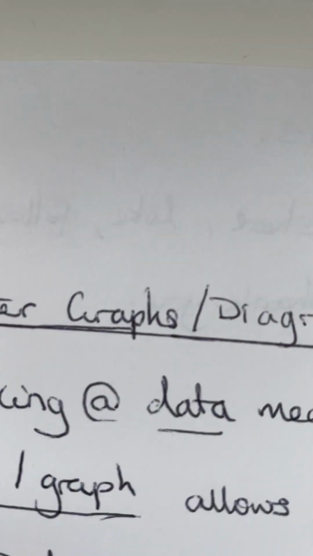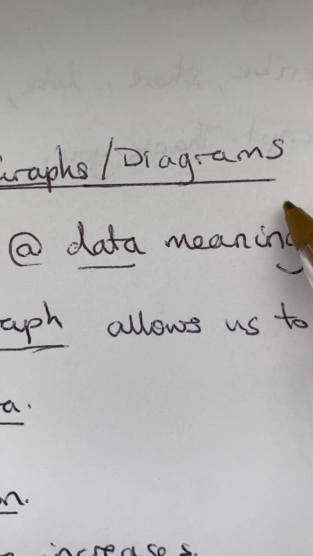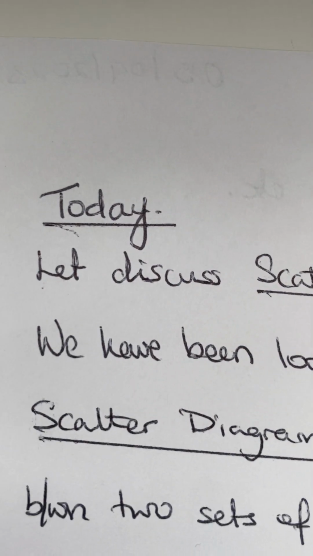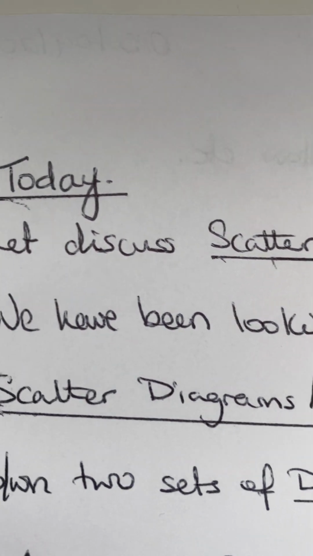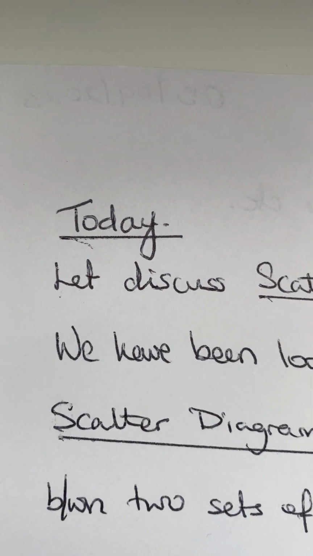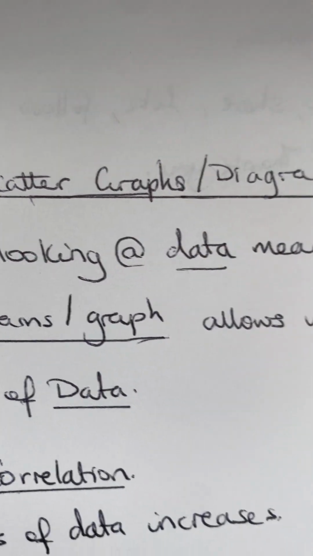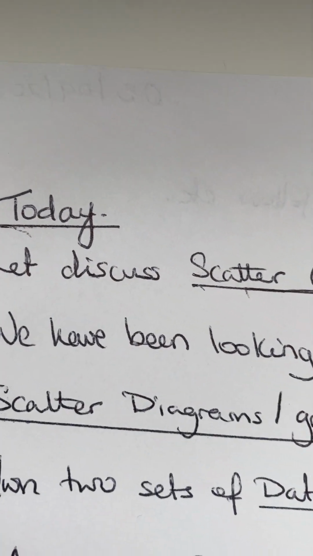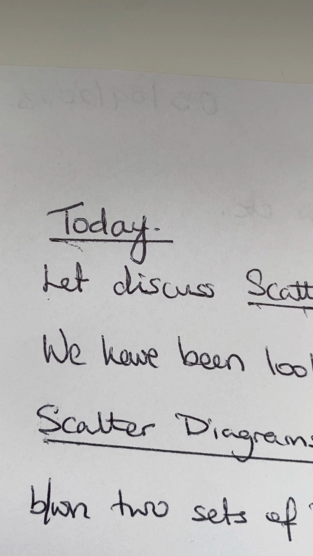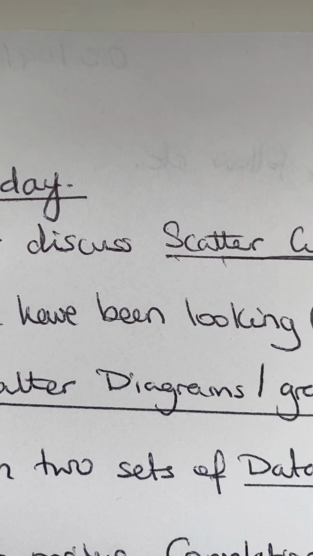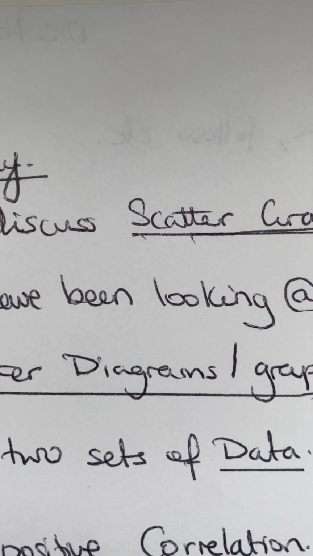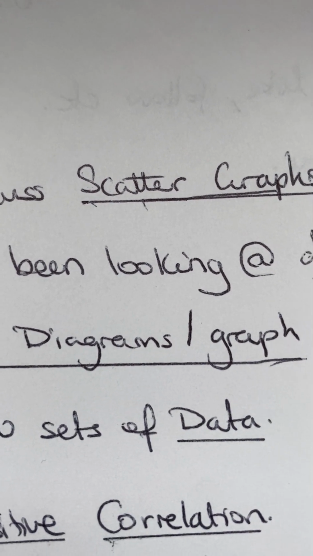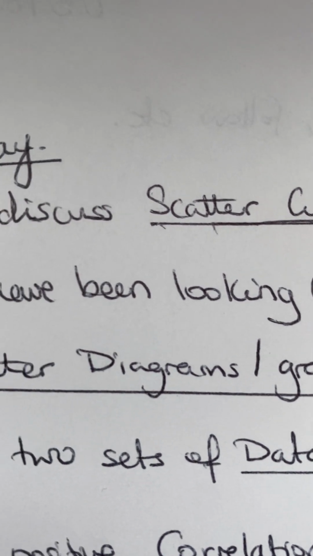Today we want to look at scatter graphs or diagrams. Before today I've been speaking to you about data and the meanings of some of the terms that we use, like primary data, secondary data, population, census, survey, group data.